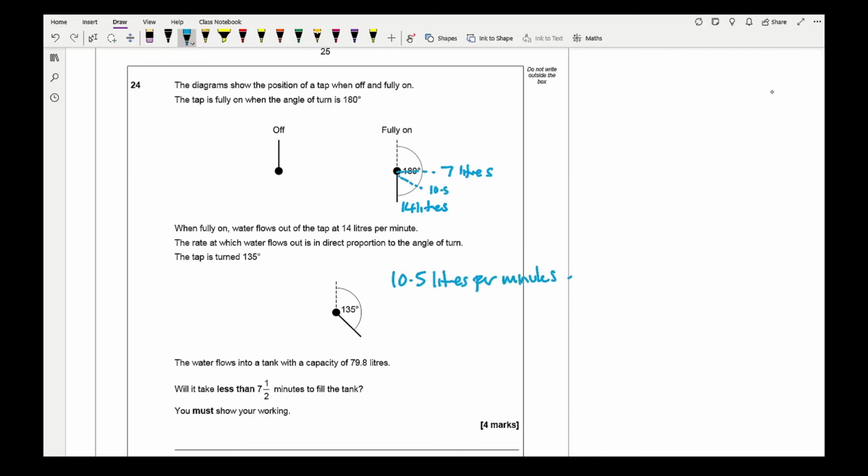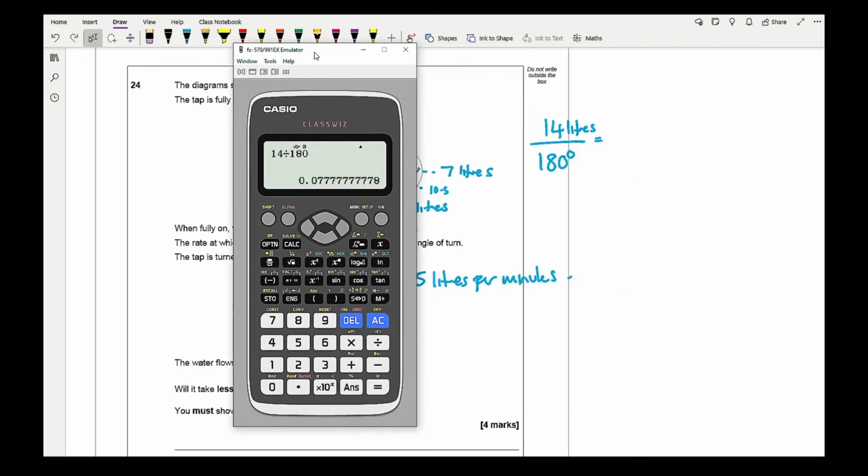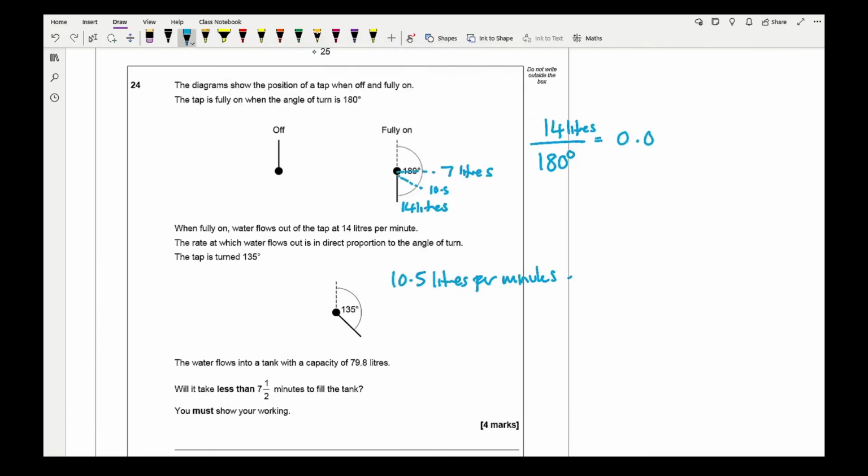Another way of doing this is to think, what's 14 litres if that's 180 degrees? If I divide that, that's going to give me the rate of litres for 1 degree. So if I do 14 divided by 180 equals, that's going to give me 0.077 recurring litres per degree.